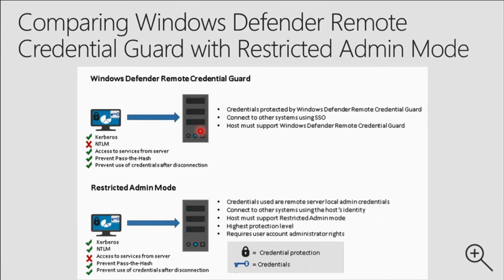This is a big threat because, for example, if you connect using a remote desktop session to a workstation, and from that workstation to another server for admin purposes, in a multiple hop implementation, you are sending your credentials to that machine, and that machine can use them. Somebody who hacks the machine you are connecting to can steal the credentials. So the basic idea with Windows Defender Remote Credential Guard is that you no longer send the credentials to the remote machine you are connecting to.